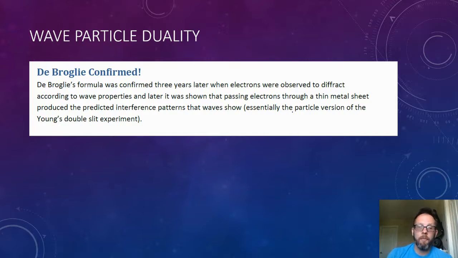All right, so as I teased, de Broglie's formula was confirmed later when electrons were observed to diffract. And for great visuals on that, check out the interesting videos I have posted today. Passing electrons through a thin metal sheet produced the interference patterns that light showed. So it's like a particle version of the double slit experiment.